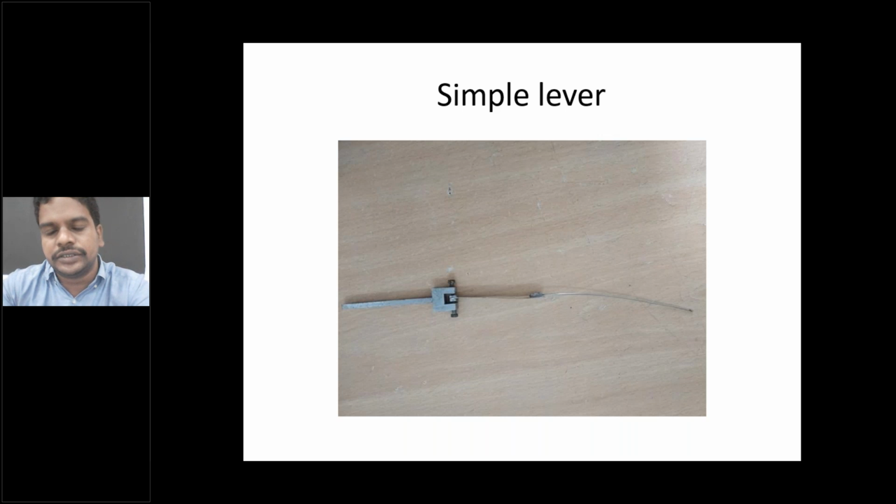When graphs are explained, they will explain this about the simple lever and kymograph. Write this point: to mark the muscle contractions on a kymograph. That is the use of the simple lever.